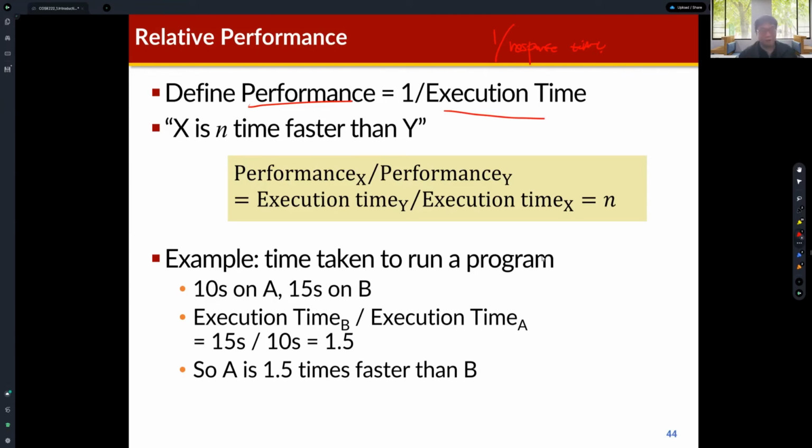So why do we use this elapsed time for the definition of performance? If the response time is short, then we can say this processor is very fast. And if the processor is fast, that means the performance is good, high performance.